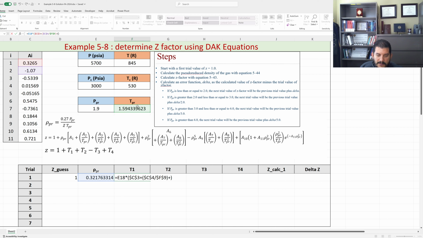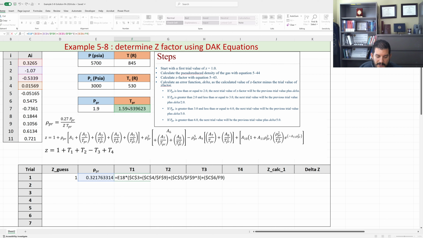Plus, open a parenthesis. It's A3, lock A3, divided by TPR, lock it. Then it's cubed. So to do the cube, you press Shift 6 to add the exponent, then add the 3. Now I will close the parentheses. Plus, again, it's A4 right there, lock it, divided by TPR cubed.